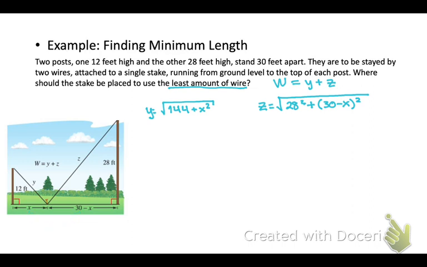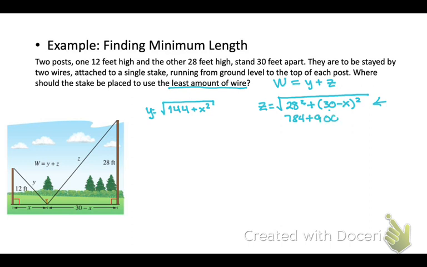Okay, so this one's ready to plug in, the 144 plus X squared. Z is not quite ready. I probably need to do some expanding and condensing with that one, right? So 28 squared is not one that you are supposed to know, but we can figure it out, and it's 784. Plus, and remember when I square a quantity, you square the first thing. So 30 squared is 900.